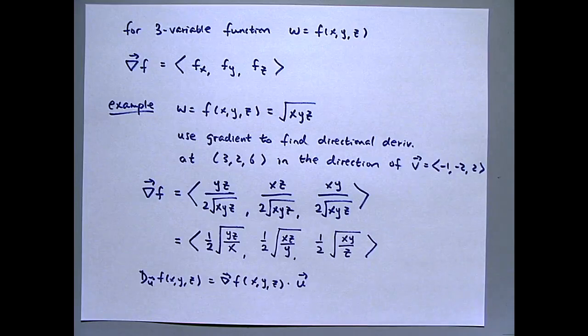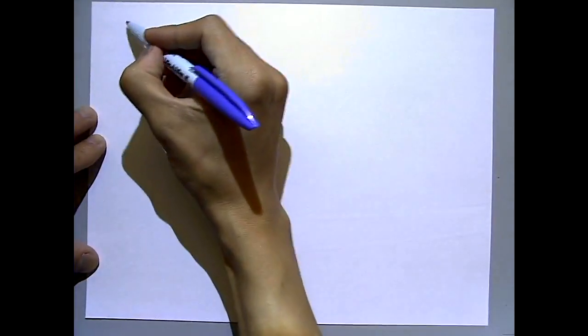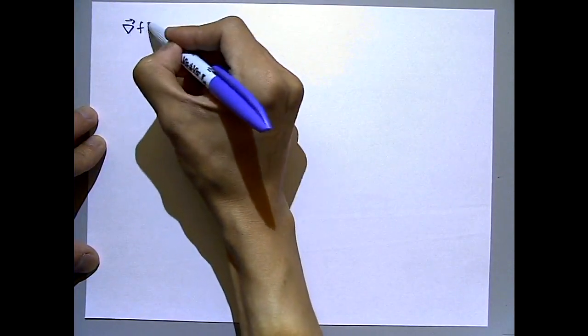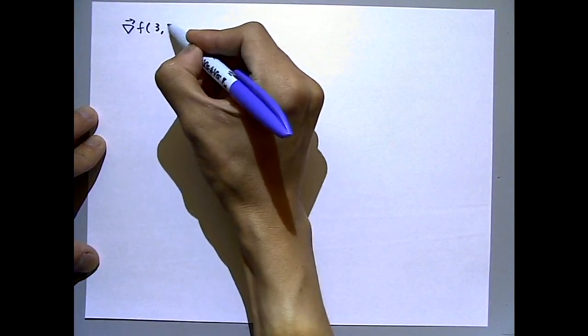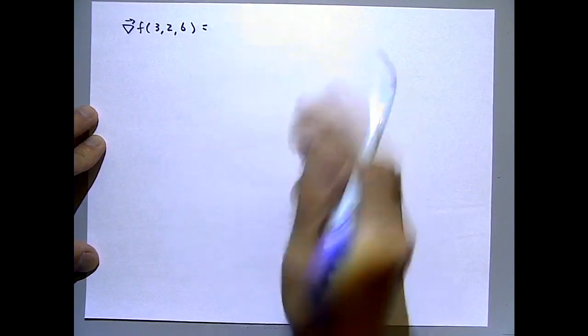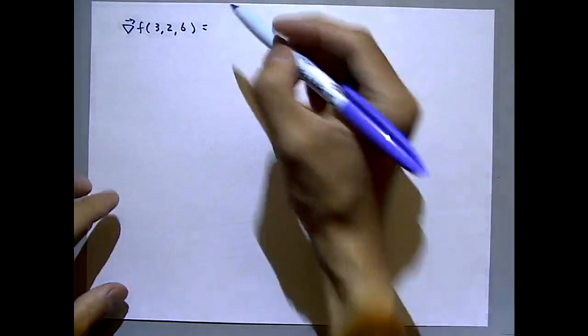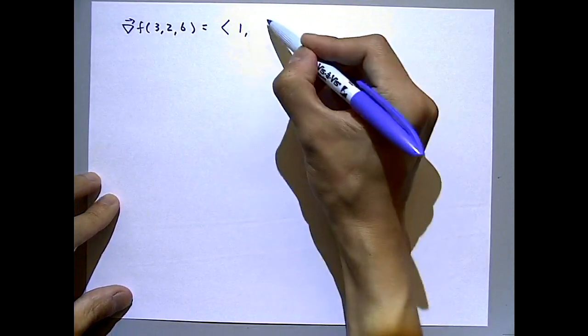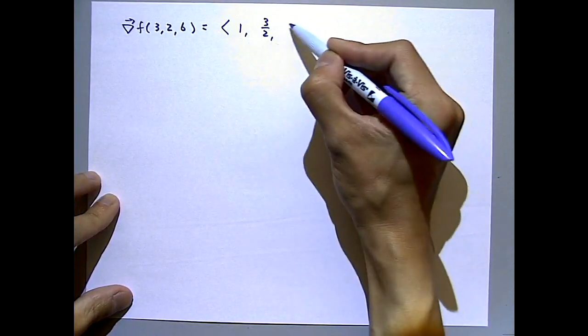We'll do those two things on the next page. First, let's find the gradient at that point. You put x equal to 3, y equal to 2, z equal to 6 into the gradient vector, and you should get 1, 3 over 2, and 1/2.